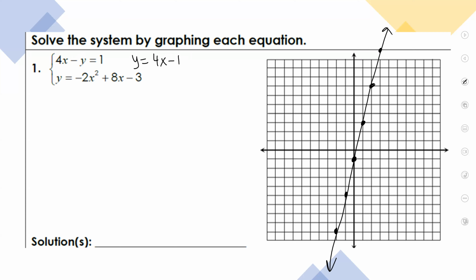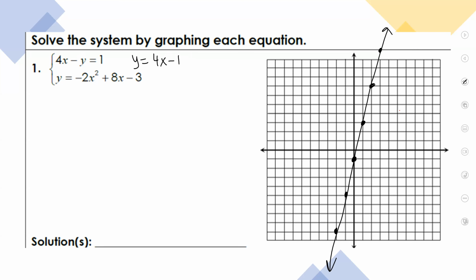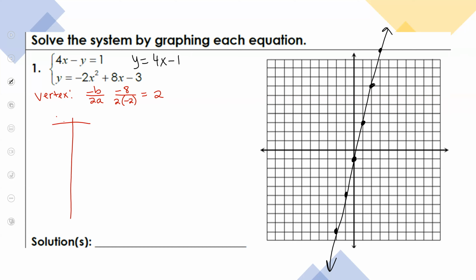Now let's graph the quadratic one. I'm going to find the vertex first. In order to find the vertex, we're going to use that formula, negative b over 2a. So in this case, I'll have negative 8 over 2 times negative 2. So that becomes negative 8 divided by negative 4, which is a positive 2. So if I were to create a table, the x value of the vertex is 2. Let's figure out what the y value is.